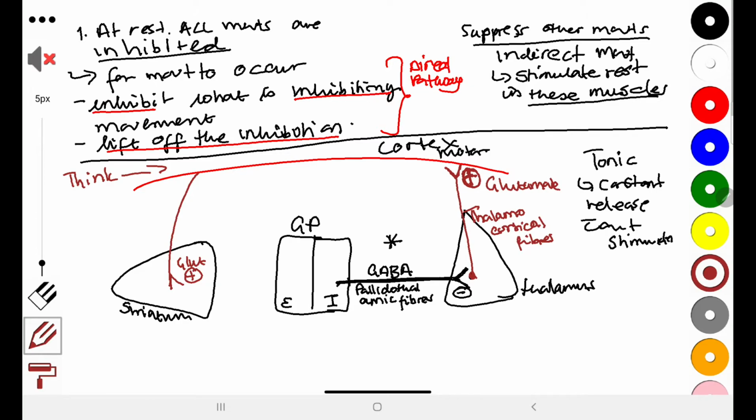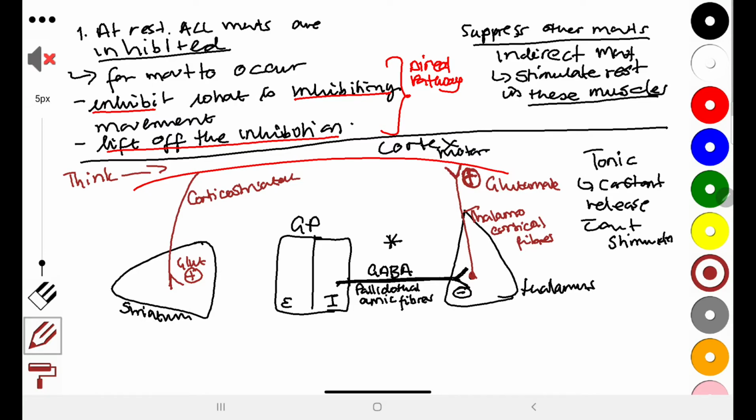So you think and you stimulate the motor areas that you want to have the descending fibers happen, but as you are doing that, there is a stimulation of the striatum, sending it exactly what you want to do. These fibers coming from the cortex going to the striatum, known as corticostriatal fibers, are going to stimulate the striatum.